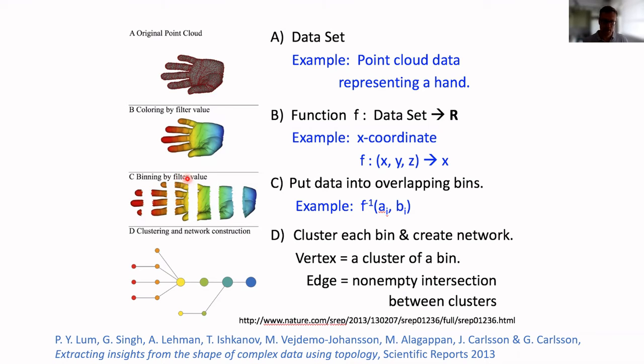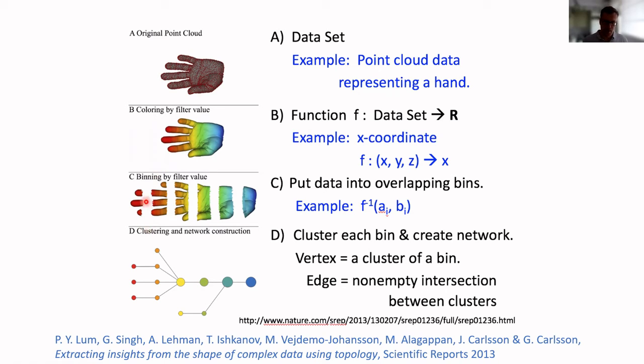And then I can cluster. I can look at each pre-image and cluster it. What is most often used is an algorithm called DBSCAN. It's an unsupervised algorithm that is able to compute clusters of data.